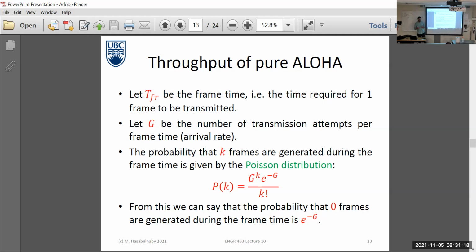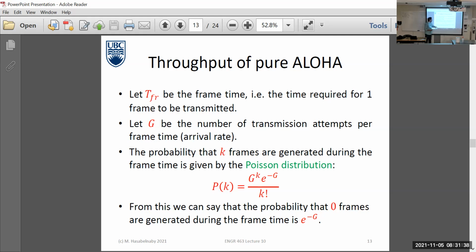So the probability that we have k frames generated during the frame time, we can model using the Poisson distribution. This is the formula of the distribution, which consists of G, the transmission activity or arrival rate, and K, the number of frames generated during the transmission time.